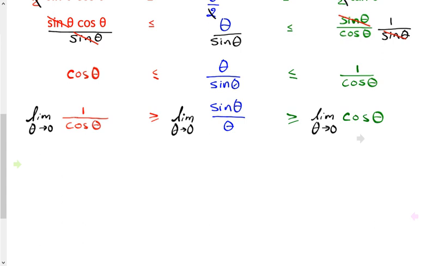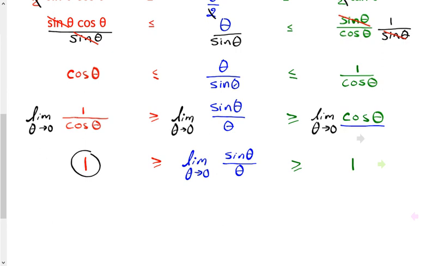And so my left limit here is going to be equal to 1. So here, this is 1, because as theta goes to 0, cos theta goes to 1. Same thing on the other side. As this theta goes to 0, cos theta goes to 1.